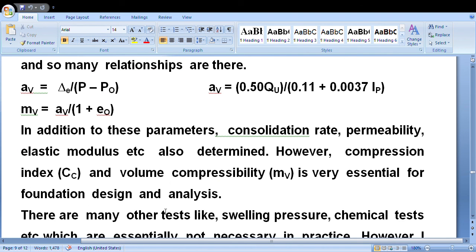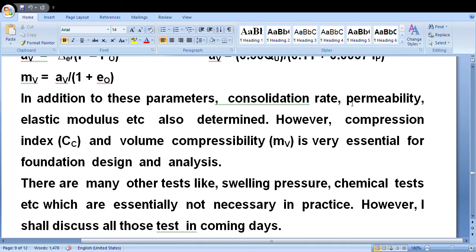In addition to these parameters, consolidation rate, permeability, and elastic modulus are also determined. However, compression index Cc and volume compressibility MV are very essential for foundation design and analysis. With some separate test, instead of determining the permeability in the laboratory, in my opinion, permeability shall be determined at site using double packer field permeability.